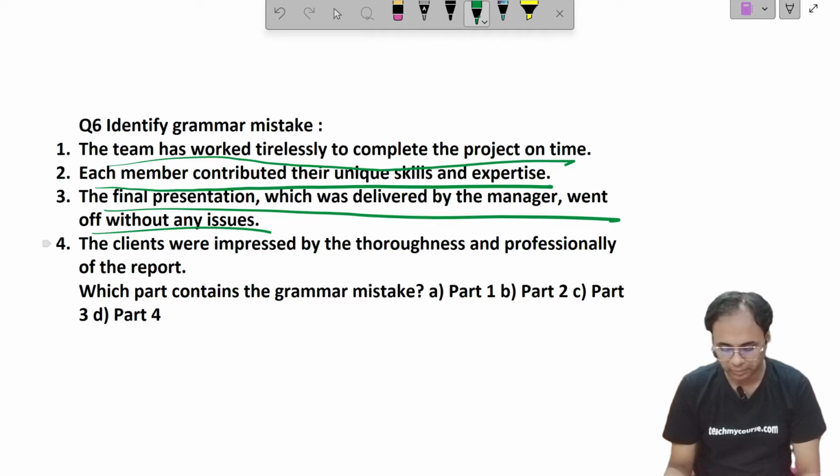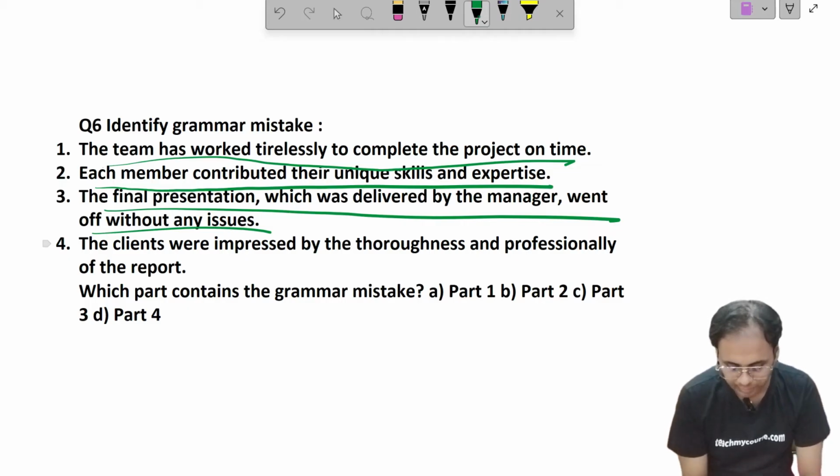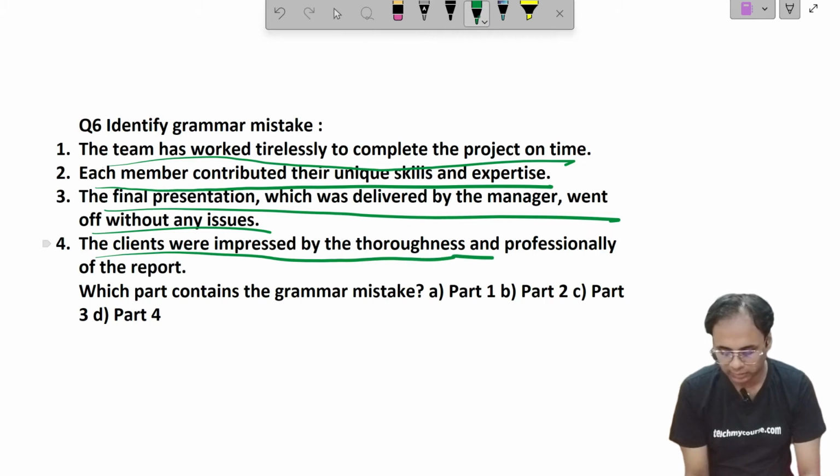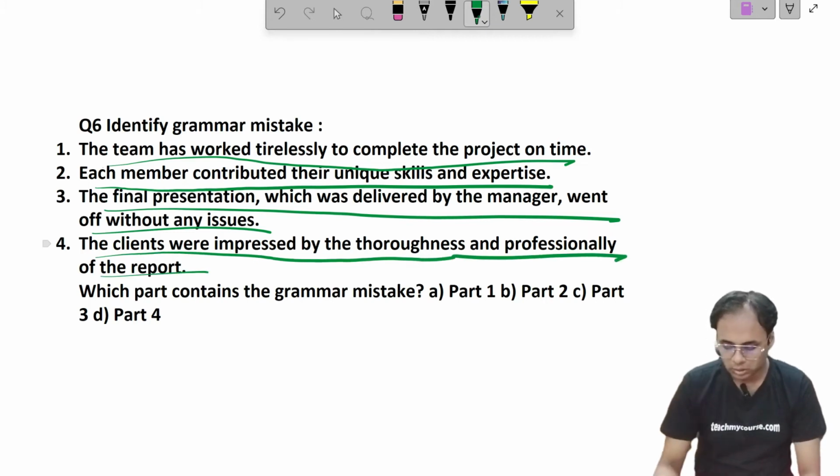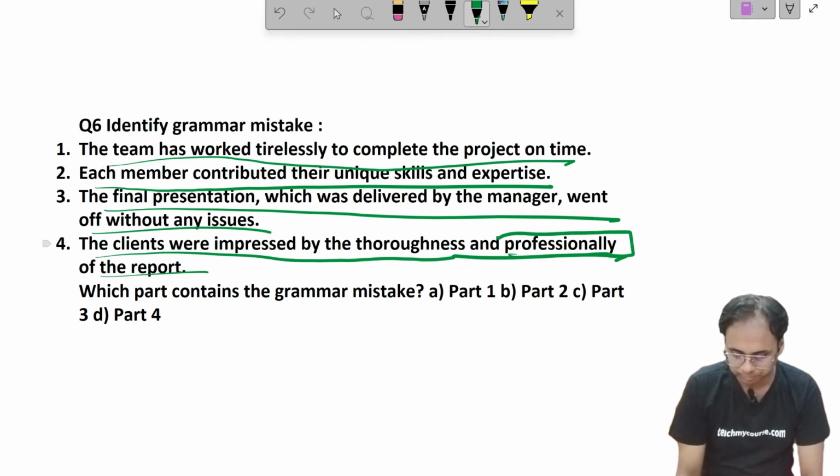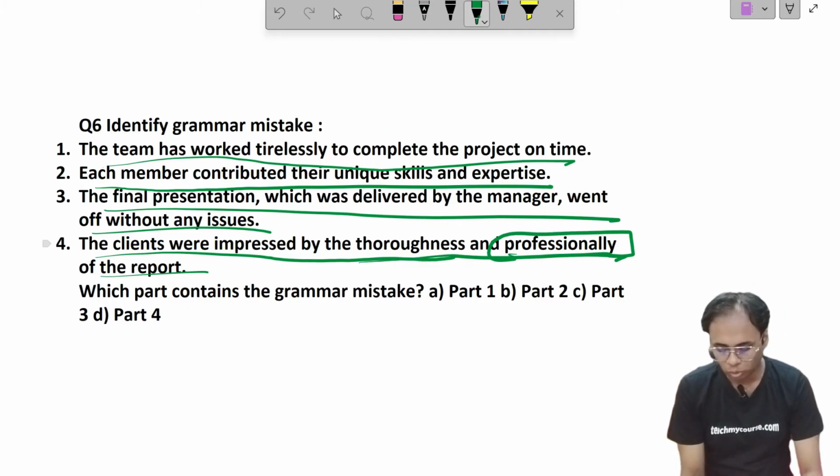This also looks correct. Next is the clients were impressed by the thoroughness and professionally of the report. This should have been professionalism. Since thoroughness is a noun, this should also be a noun, while this is not. So here it should be professionalism.